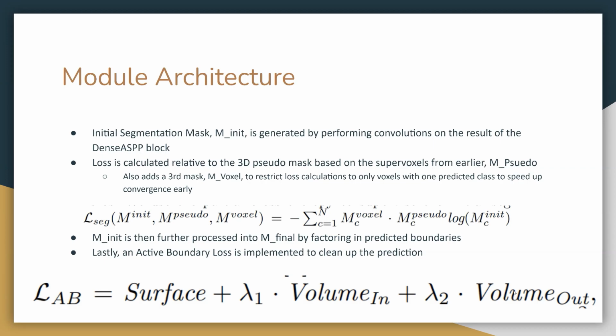So again, we're just trying to normalize or regularize the predicted segmentations. For the paper, they said that this lambda 1 was set to 1 and lambda 2 was set to 0.1 to heavily emphasize making sure that the area within the segmented region is kept as small as possible while not hurting the segmentation performance. So just trying to really prevent over segmentation.